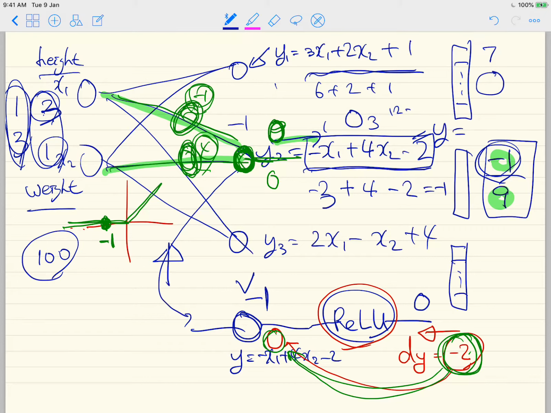In this case, y is negative x1 plus 4x2 minus 2. That will be our linear combination. And what will be the regions that produce the negative output of this linear combination? So in this case, minus x plus 4y minus 2 equals 0, and so y equals 1/4 times x plus 1/2, right?